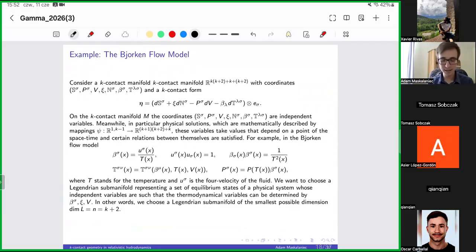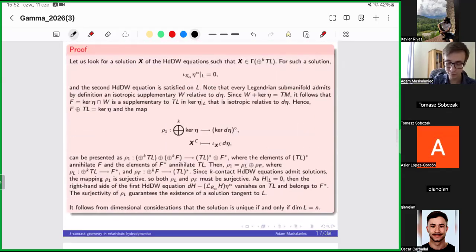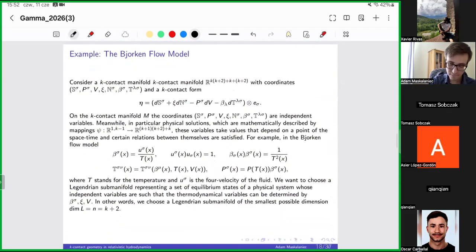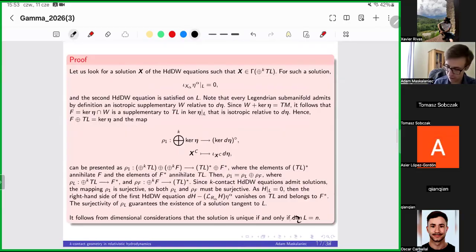And as I said before, it is possible that Legendrian submanifolds may be of different dimensions, but it turns out that at least for a class of important physical examples, we managed to calculate that these physical examples correspond exactly with Legendrian submanifolds of dimension equal to n.